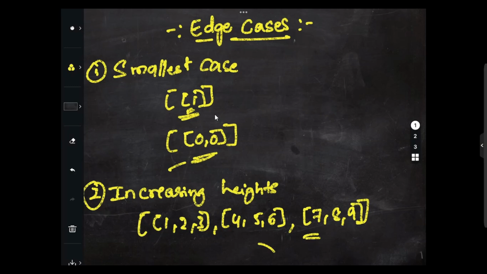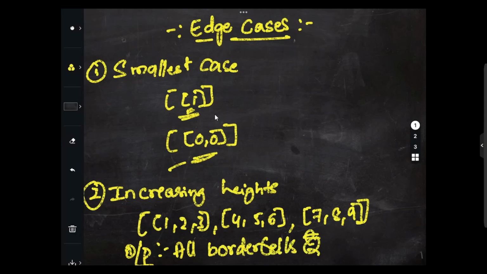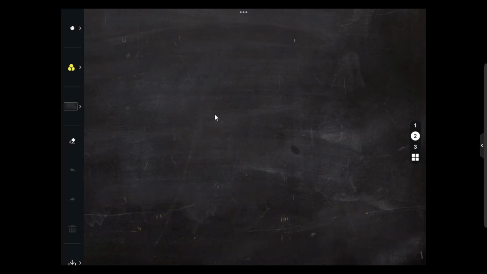So this one is border cells plus some central cells. You can visualize it in the same way that I showed for example 1. So the output will consist of all border cells plus some central cells. This is for the second case, increasing heights.